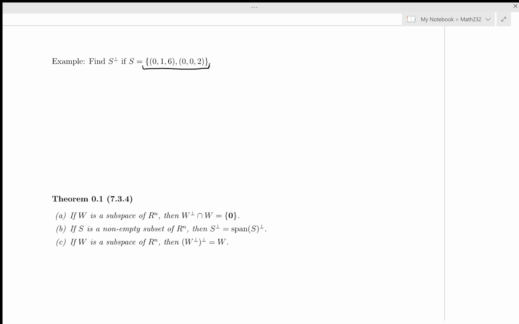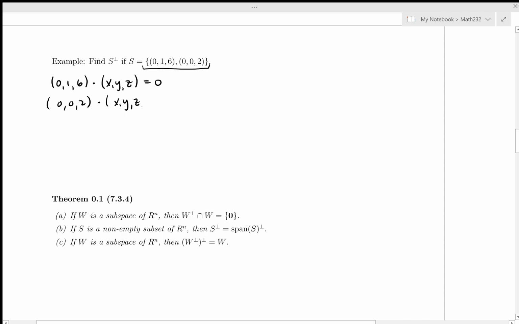So we want to say, what are all the vectors that are orthogonal to (0, 1, 6) and (0, 0, 2)? So we want the same thing that we wanted before. We want (0, 1, 6) dot (x, y, z) equal to 0, and we want (0, 0, 2) dot (x, y, z) equal to 0.